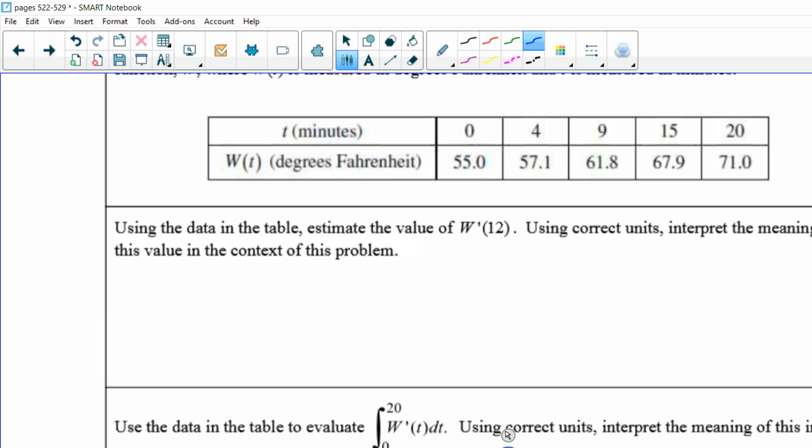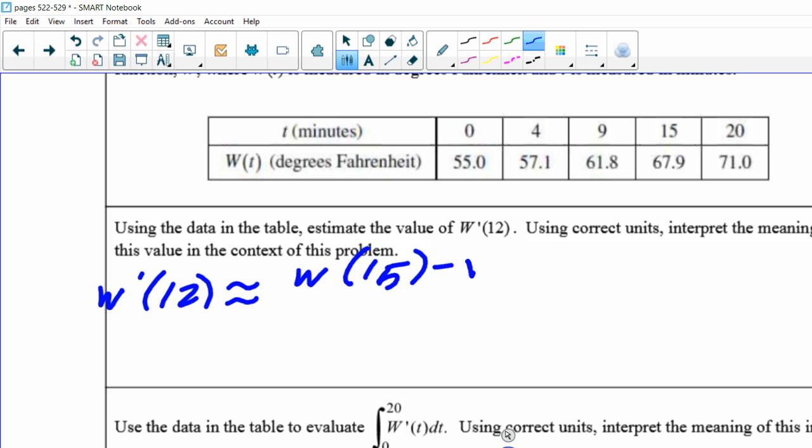So we'd say W prime of 12 is approximately, what's the slope of the secant line around t equals 12? What 2 points am I going to use? Yeah, W of 15 minus W of 9 over 15 minus 9. Run that and let's see what we get.